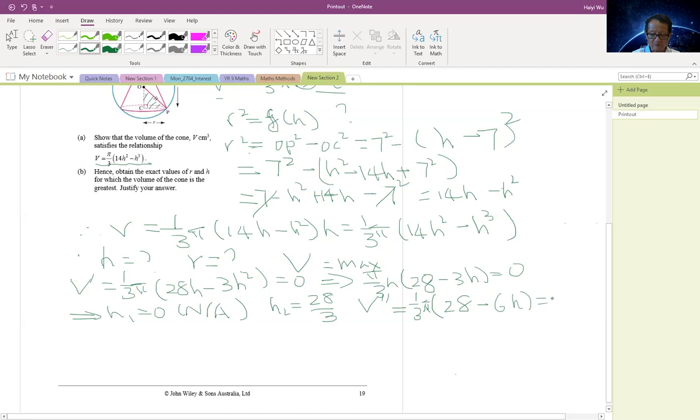Now let's substitute h equal to 28 divided by 3 into the second derivative. We will find 28 minus 6 times 28 divided by 3.